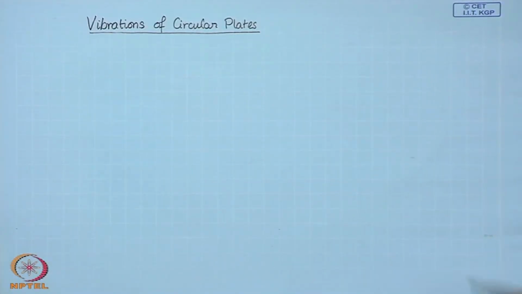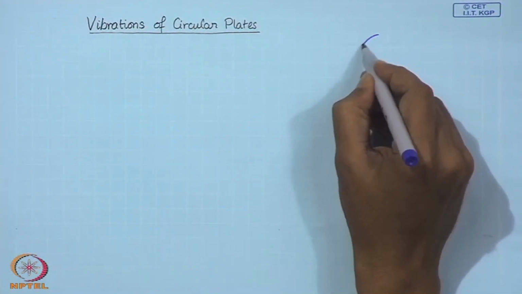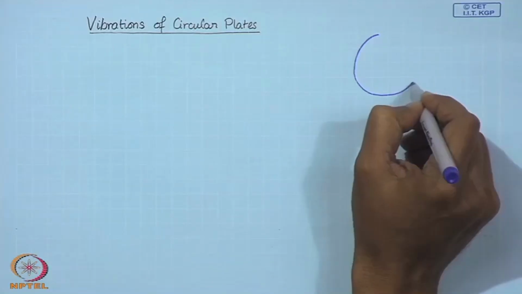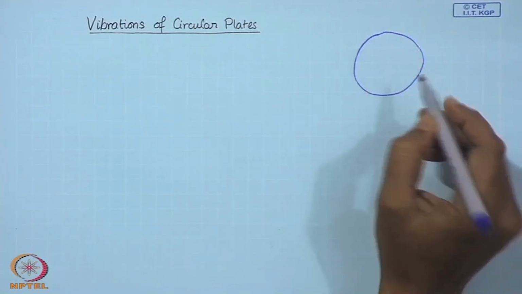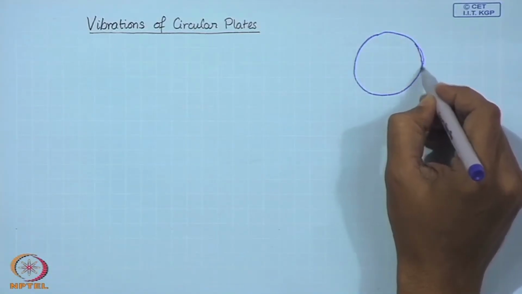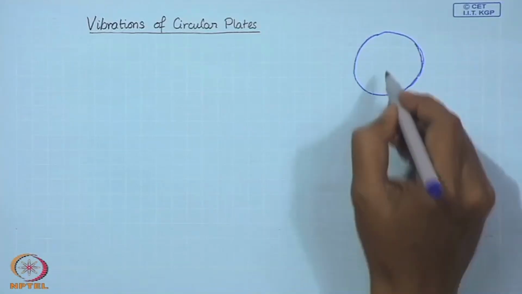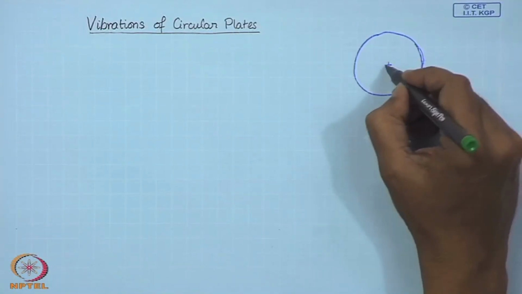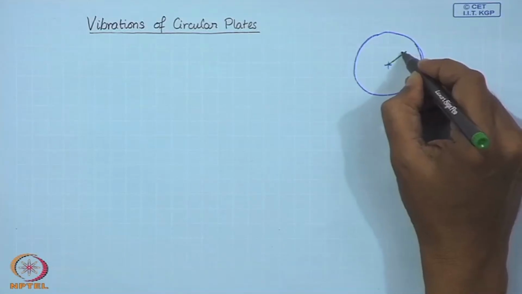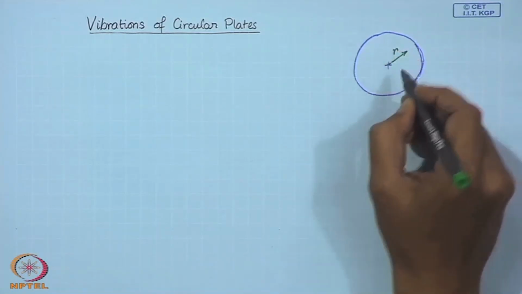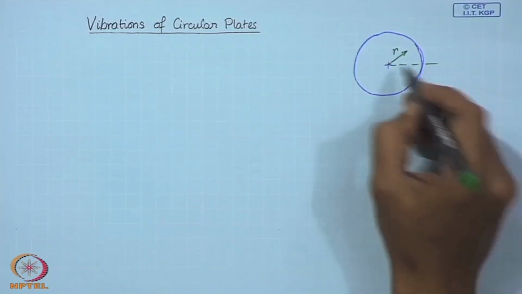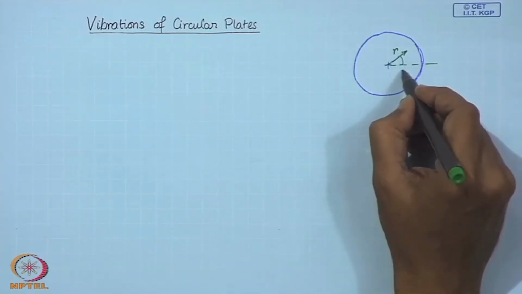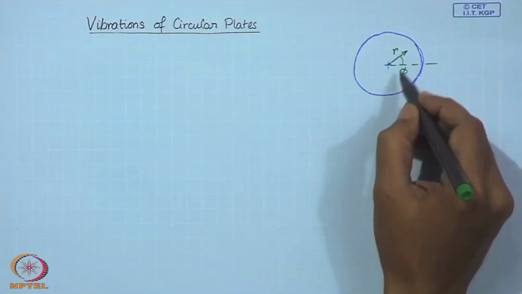So let us consider this plate. At any point, we are using the polar coordinates r, phi.